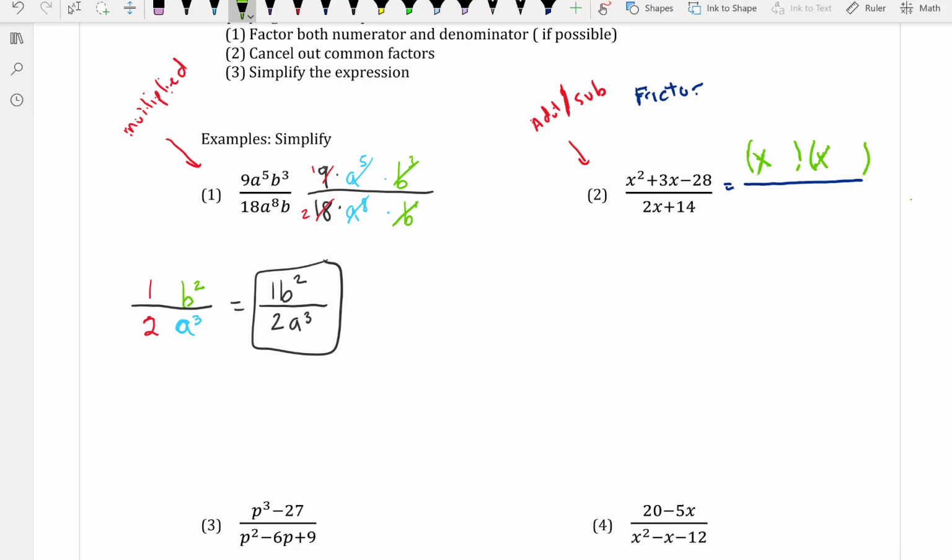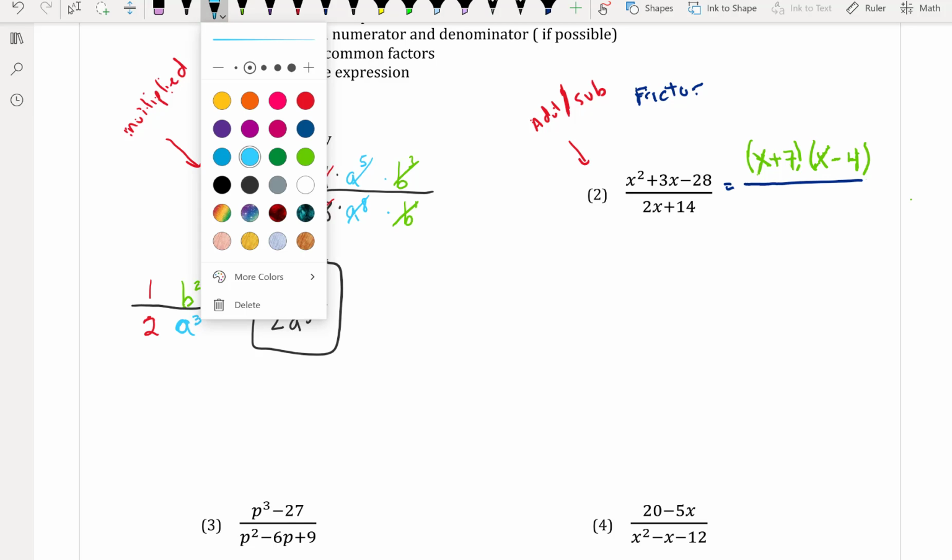So I'm going to go ahead and write that down. So I have 7, and then I have 4. Okay, and since I want the middle to be positive 3, I'm going to have a positive 7 and a negative 4. So that is how I factored my numerator.